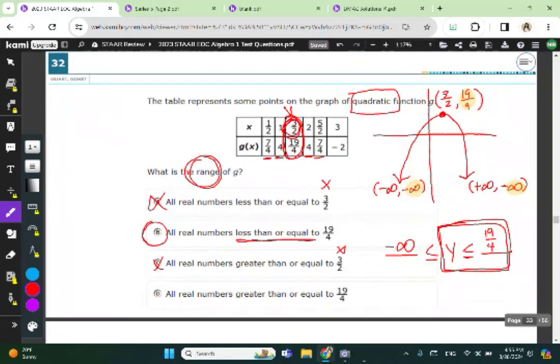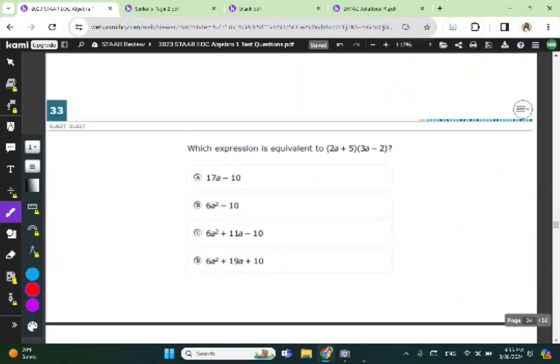Number 33. Which expression is equivalent? Equivalent meaning equal, meaning they are the same and they will give you the same quadratic function, the same line, whatever. So for this one, you want to type this expression into y1 and your answer choices into y2. Okay.